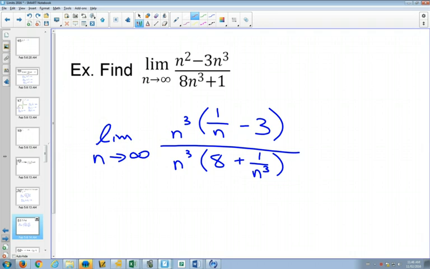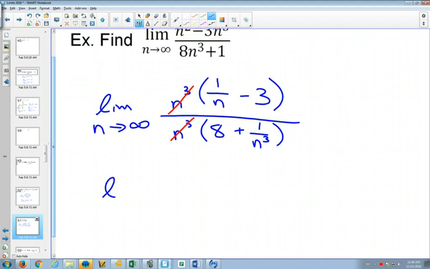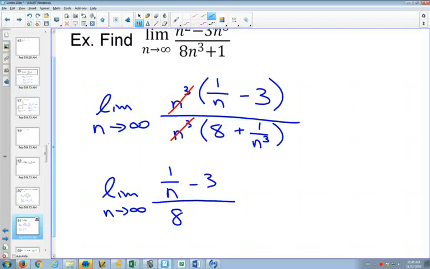And now our n to the 3's will simplify. So now we're left with the limit as n goes to infinity of 1 over n minus 3 over 8 plus 1 over n cubed.